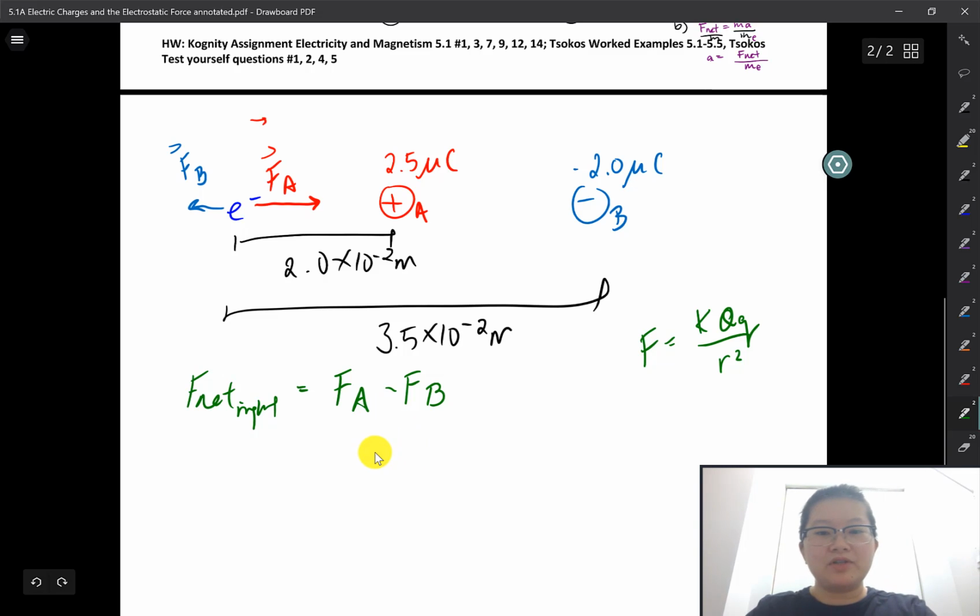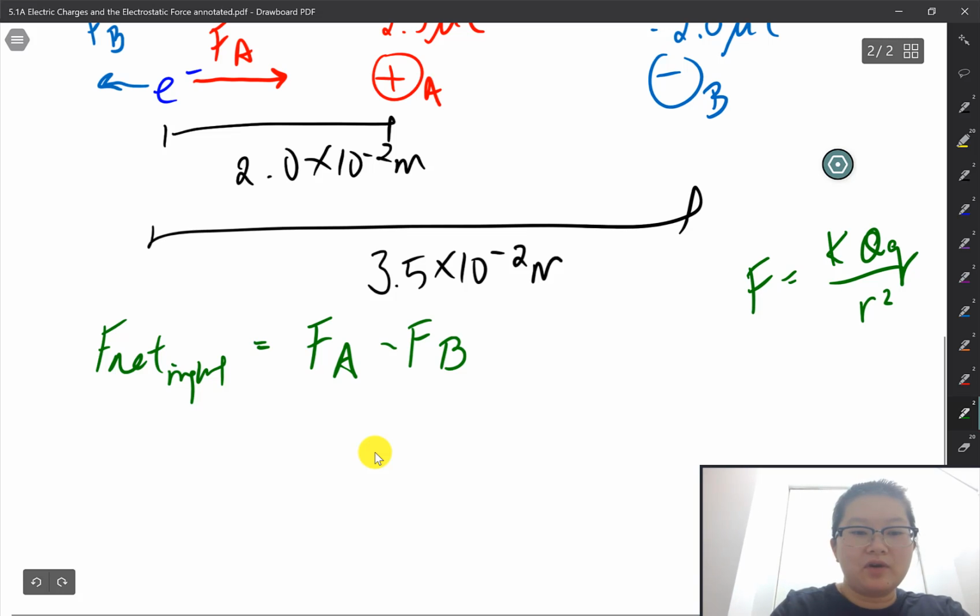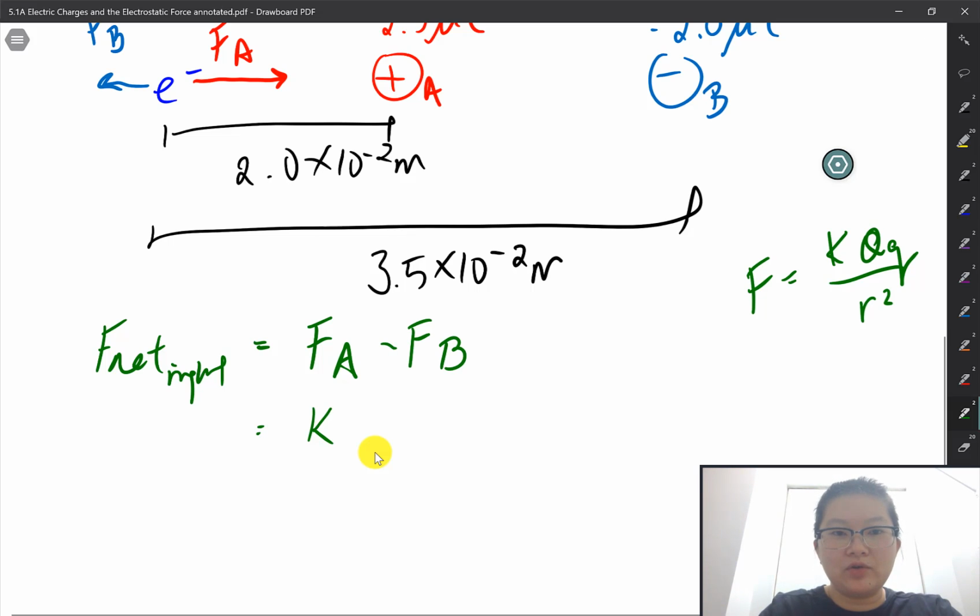All right, so now I'm going to calculate this force. So FA is going to be K, which is Coulomb's constant, times Q, for A it's going to be QA. I'll label that as QA.